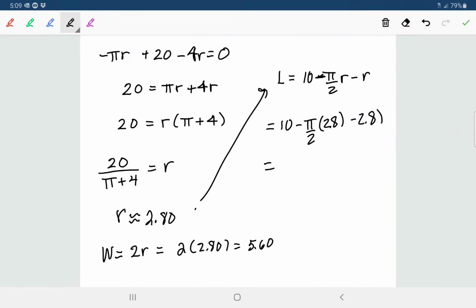If we've done everything correctly, 10 minus pi divided by 2, multiply that by 2.8, and then subtract off 2.8, and surprisingly enough, we also get 2.8 for this. So clearly the diagram that I drew was not to scale, nor is the one on the homework problem to scale.